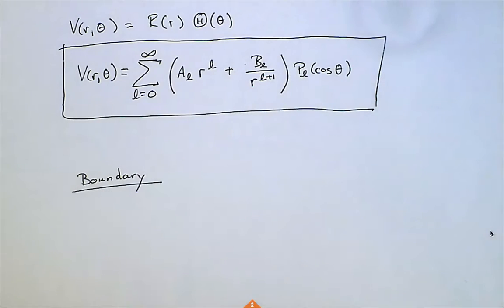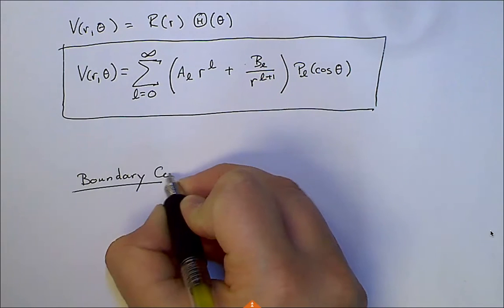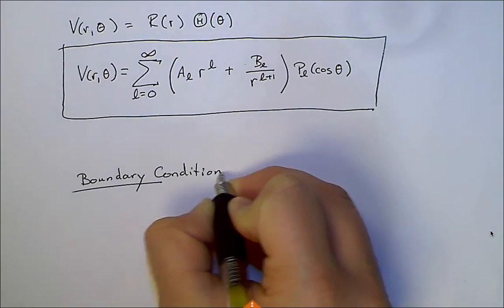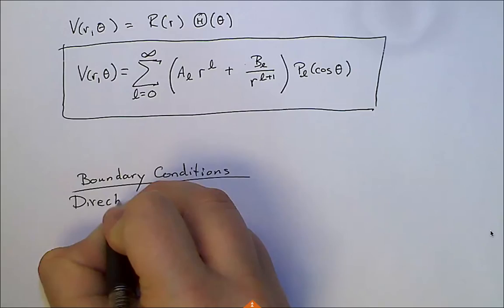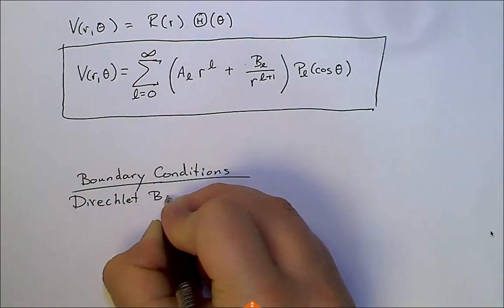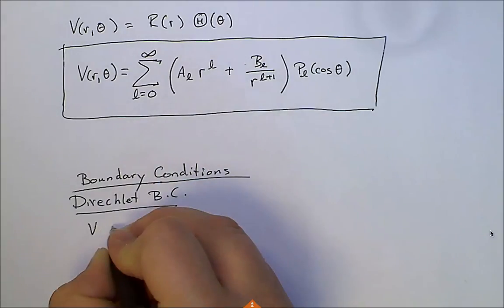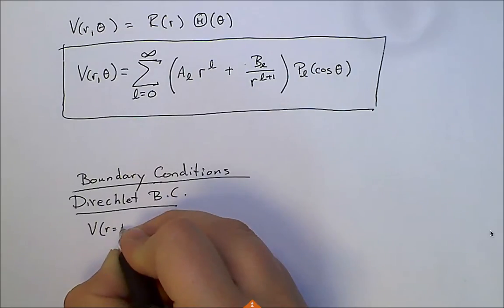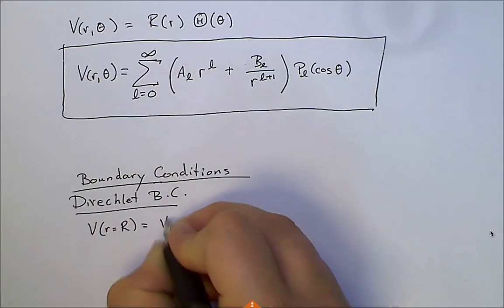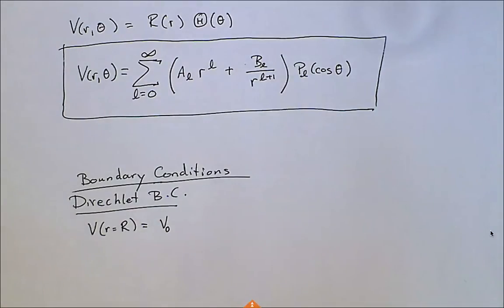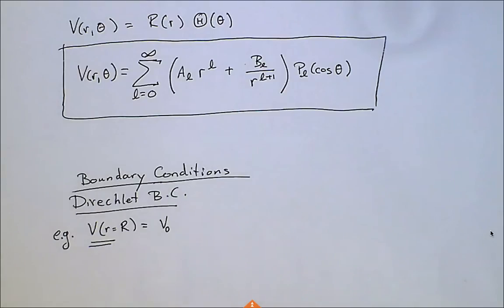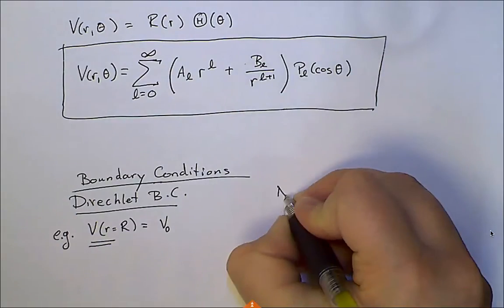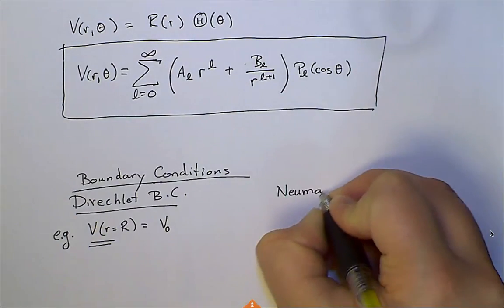There are two types of boundary conditions. There's what's known as the Dirichlet boundary conditions, and that's where you have V at some point, say r equals capital R, equal to some value, for example, V0. So you're specifying V directly. And then there's what's known as Neumann boundary conditions.